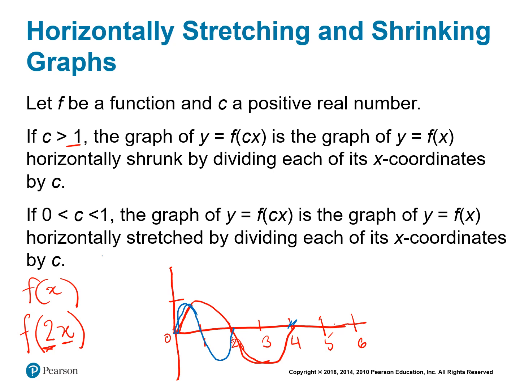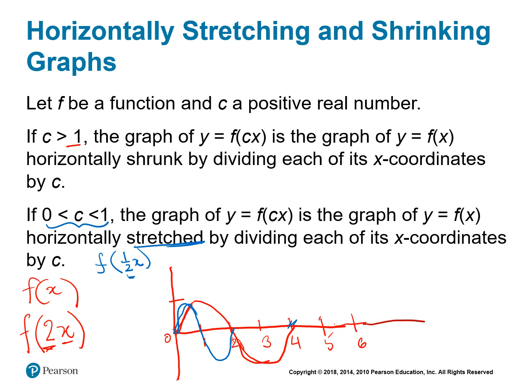On the other hand, if it's f of half x, where half is a value between 0 and 1, then the graph is going to span a much wider portion of the x-axis, and that would be horizontally stretching the graph. So let me do that here.